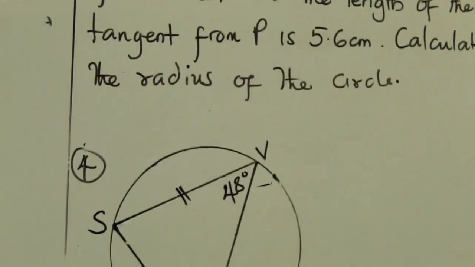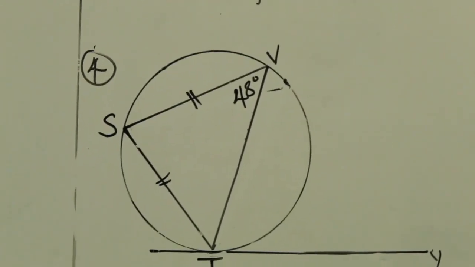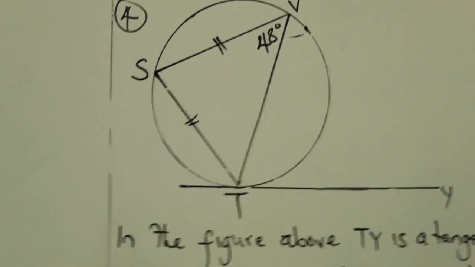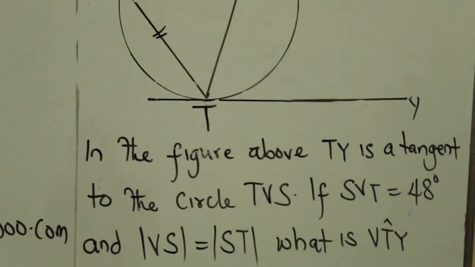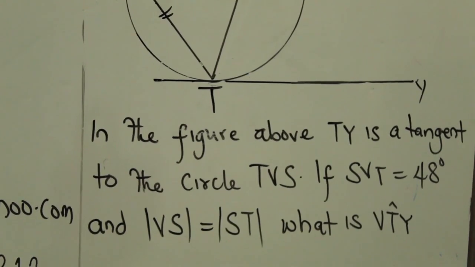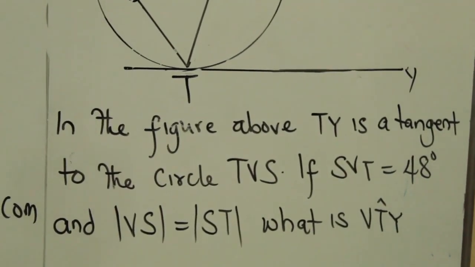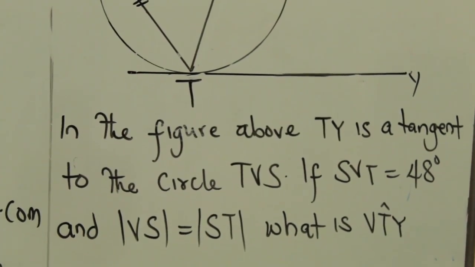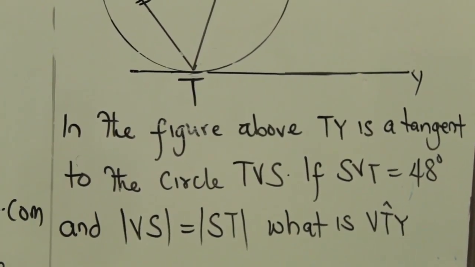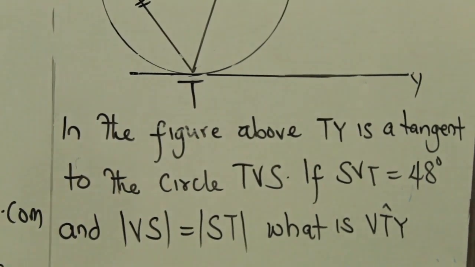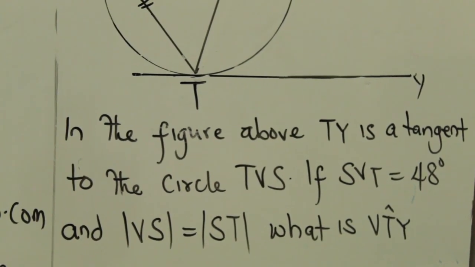And the final one is a circle drawn, as you can see. It says in the figure above, TY is a tangent to the circle TVS. If SVT is equal to 48 degrees and VS is equal to ST, what is VTY?